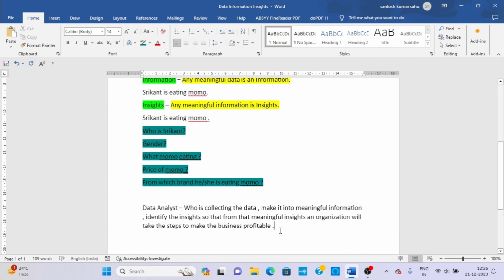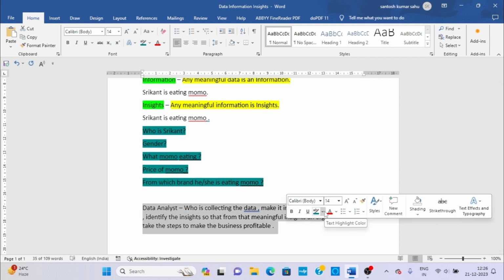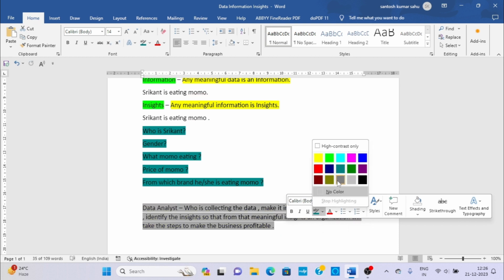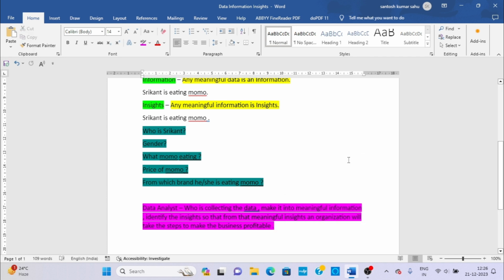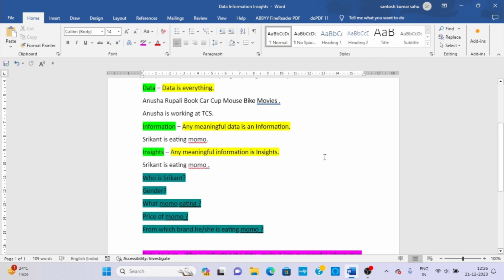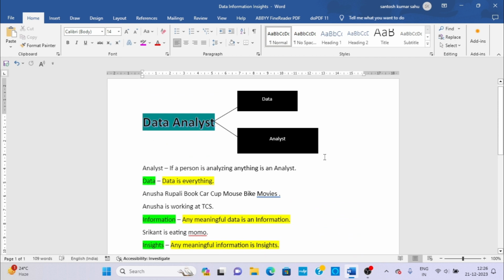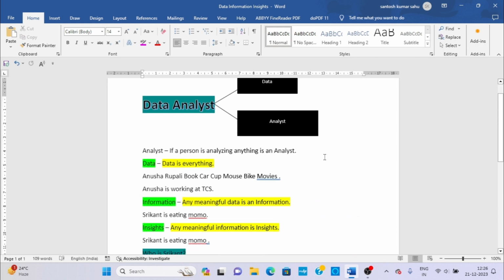I hope you understand what data is, and you can expect questions on this in interviews, because these are very basic questions. I see many candidates not focusing on these basic things, but in many interviews the interviewer asks, what is data?